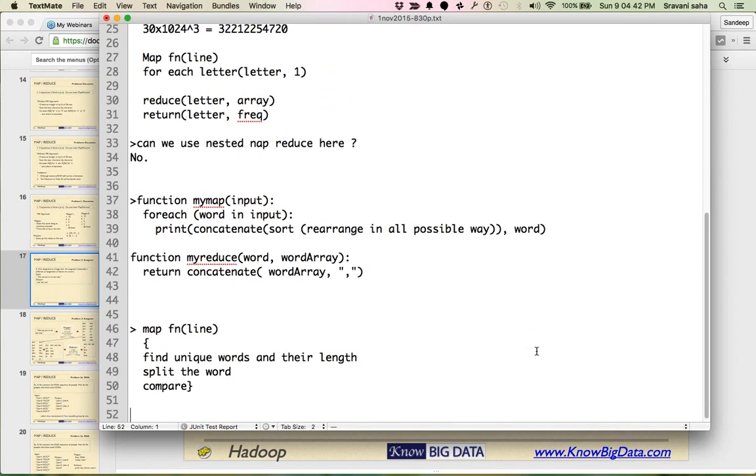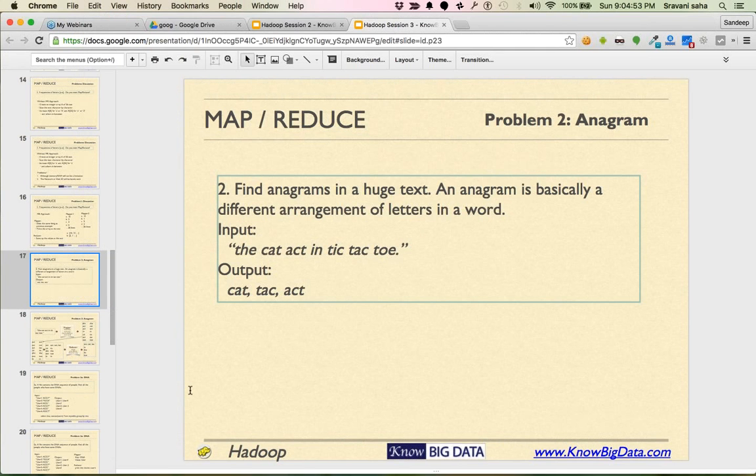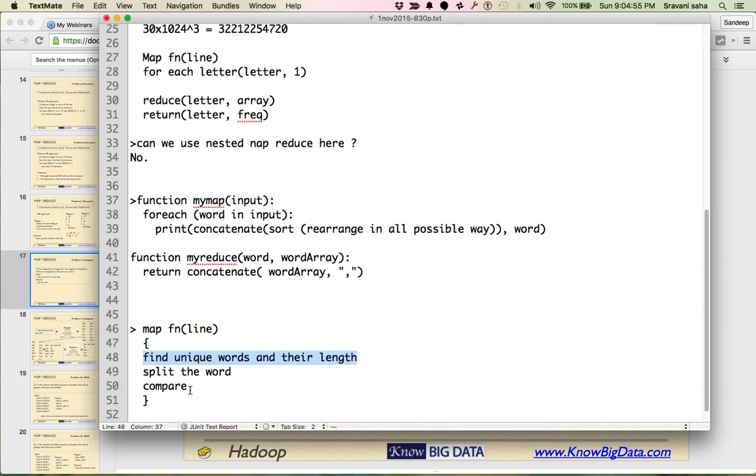And Veena's approach is, in the map function, find unique words and their lengths, split the word and compare. Because when we are running map, your map function will be run against one record at a time.